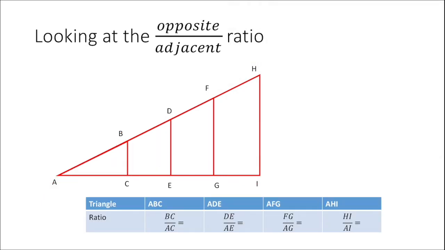So that means if we look at the ratio in reference to this angle, the opposite side over the adjacent side, BC over AC, that ratio, because they're similar, is going to be the same as the ratio of this one, DE over AE.